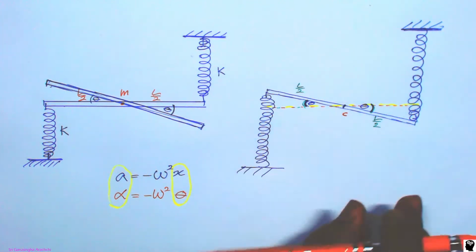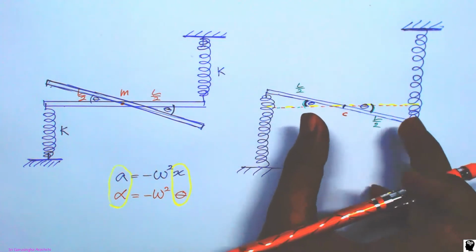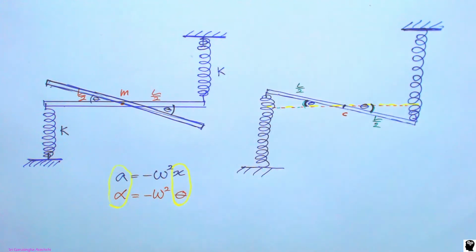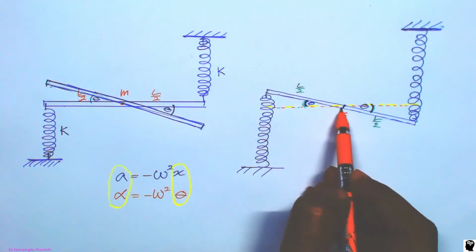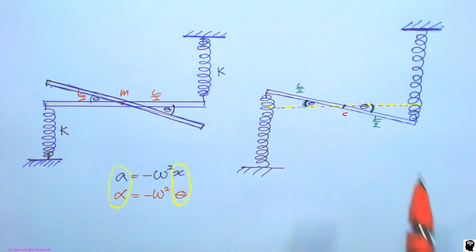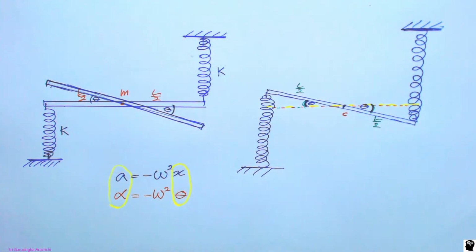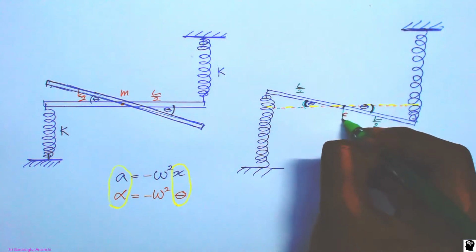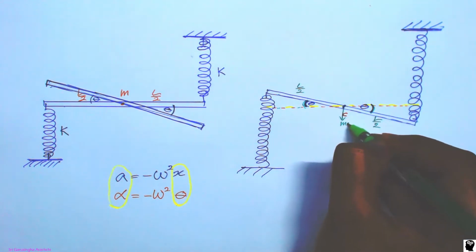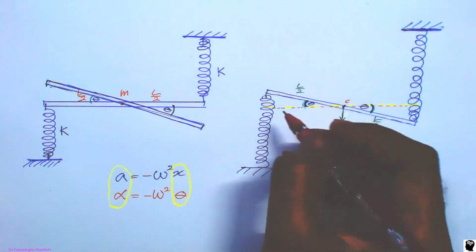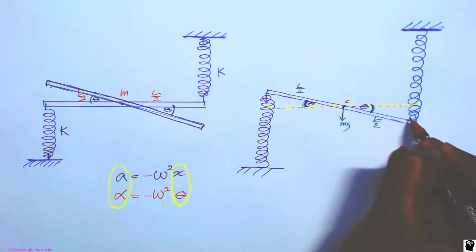So you can see that whether the rod is horizontal or vertical, the weight of the rod, mg, passes through C. So there will be no torque from mg. This rod is pivoted at point C. So how much is the force from the spring?